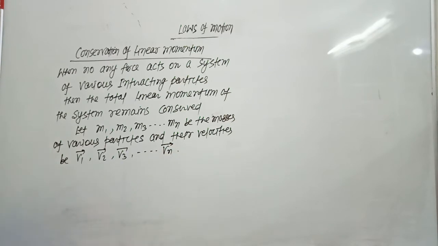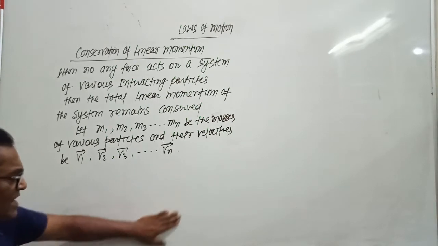There are total n particles in the system whose masses are m1, m2, m3, mn, and velocities are v1, v2, v3 and vn.